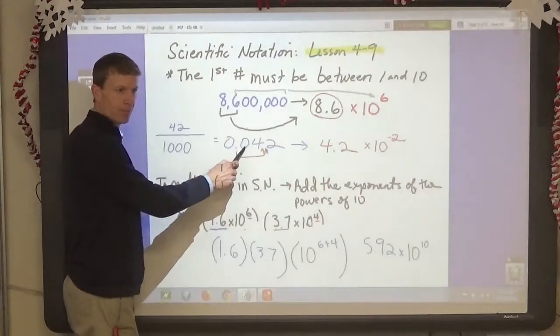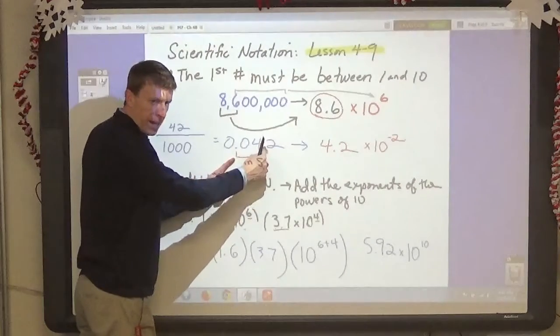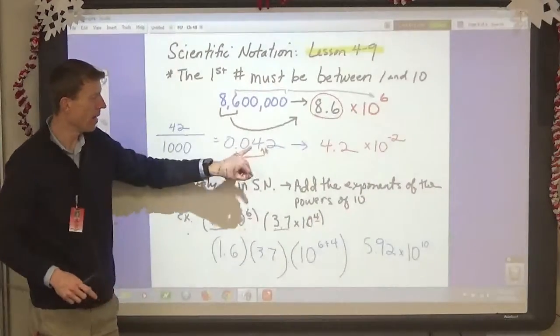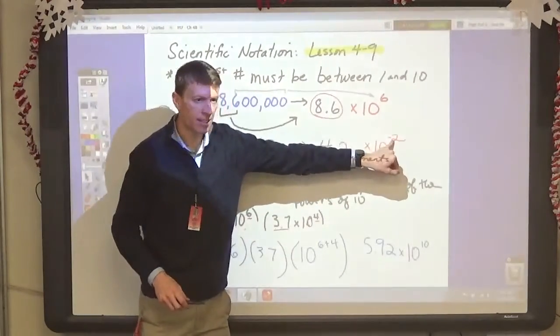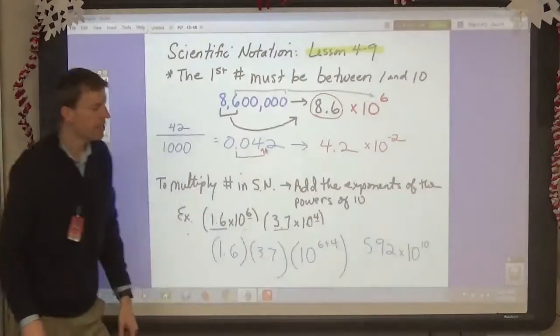Okay? Now, since you had to move the decimal point to the right and change the number that way, that's a negative exponent.